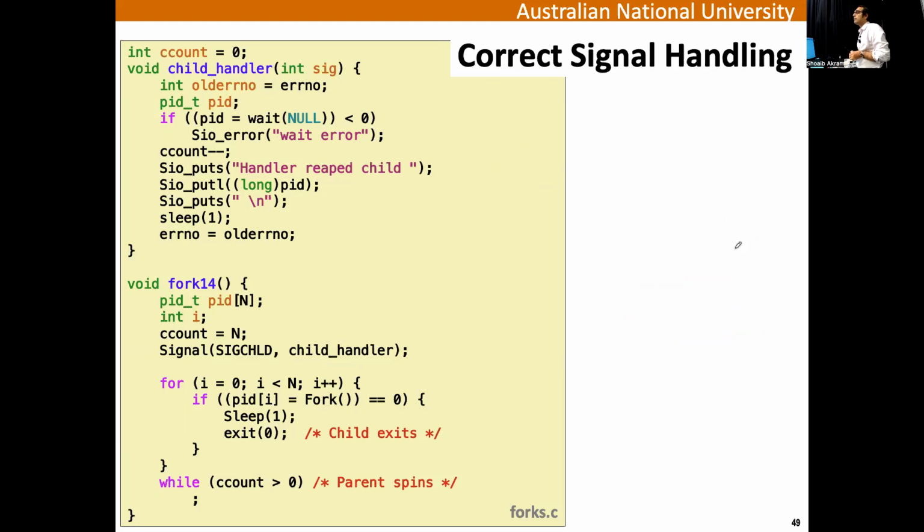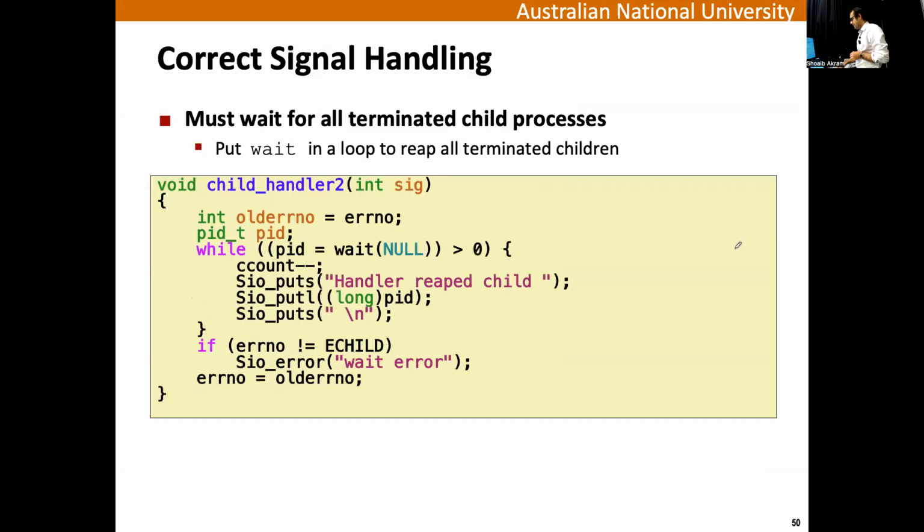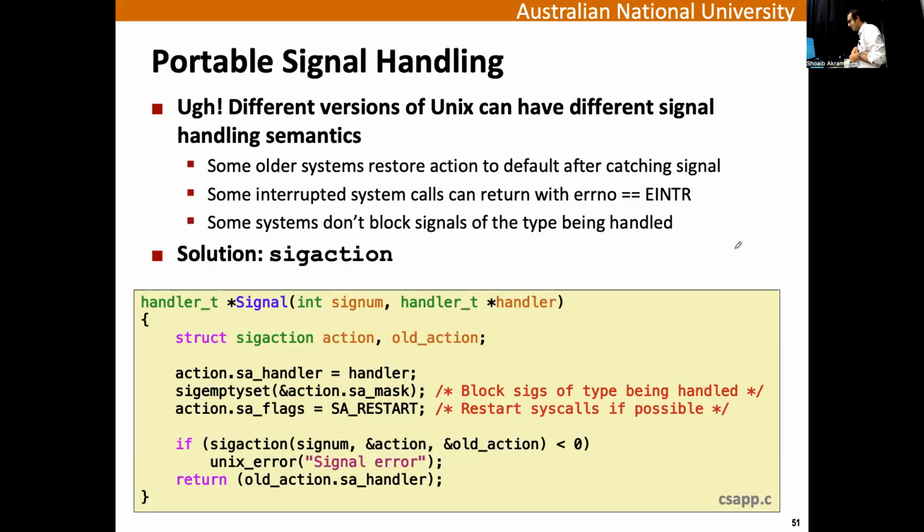And then it will probably lead to a good solution. So when the handler is running, if there is another signal, the kernel will not deliver it. That's how pending signals work, and the signal handler will never know that another child terminated.